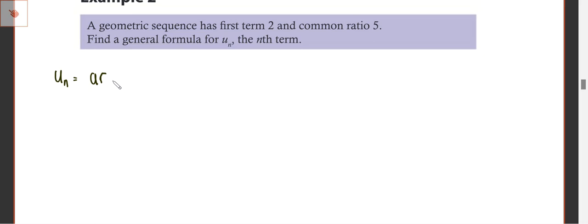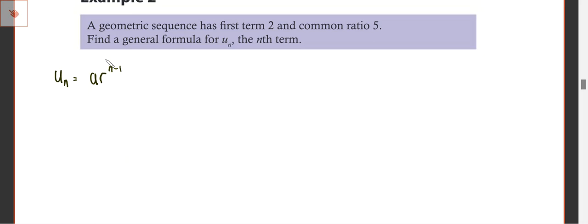A R to the power of n minus 1. So that's an exponent now, because, as you know, repeated multiplication is an exponent. What's repeated addition called? Multiplication. That's why we had 7 times n, because we added 7 lots of times. So when we have repeated multiplication, we have an exponent.